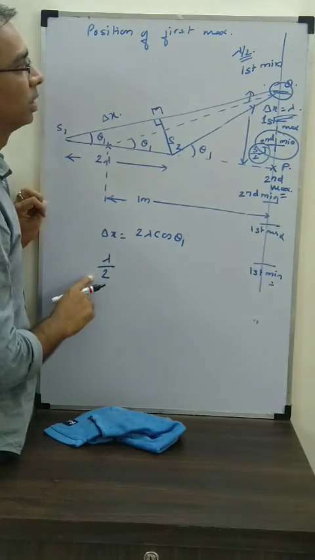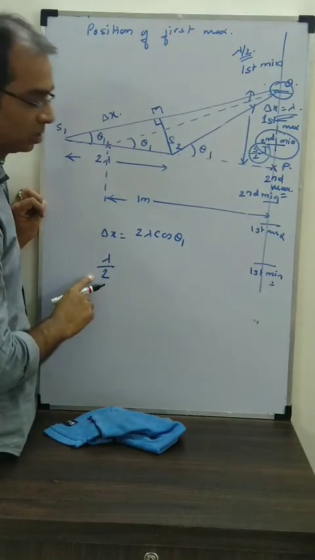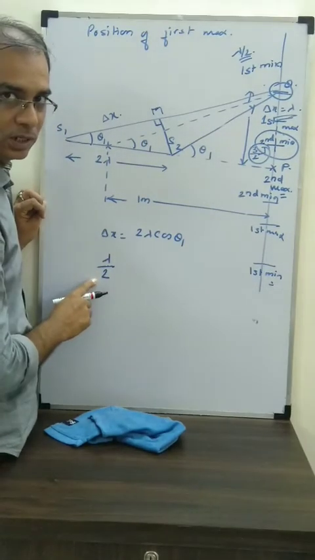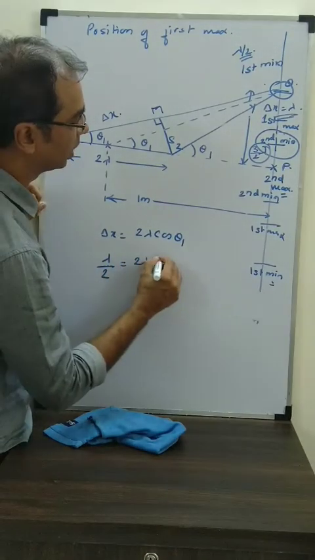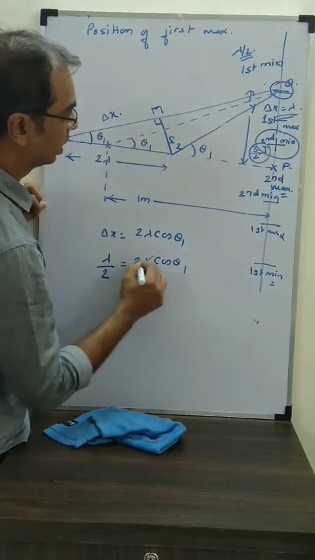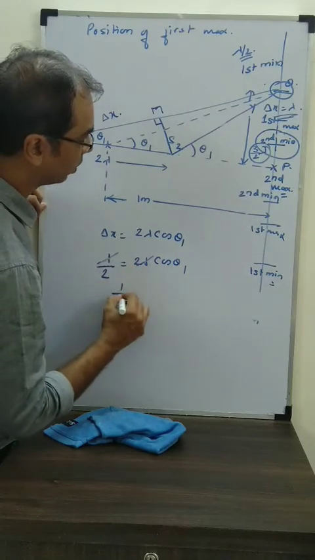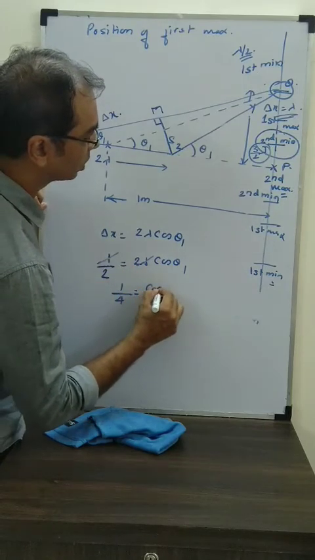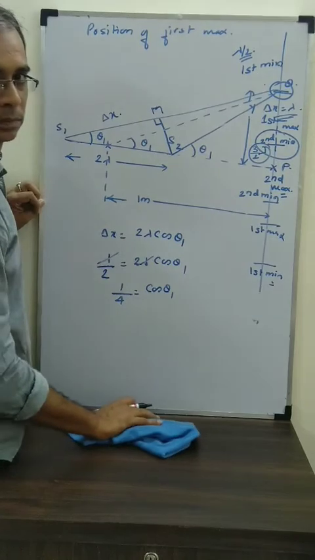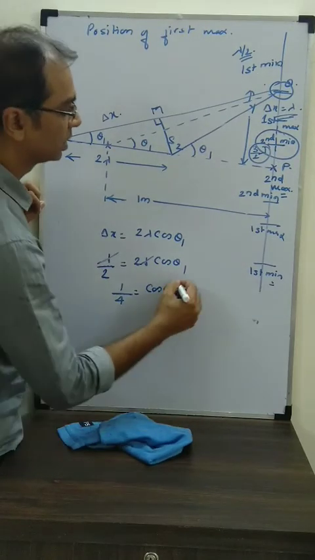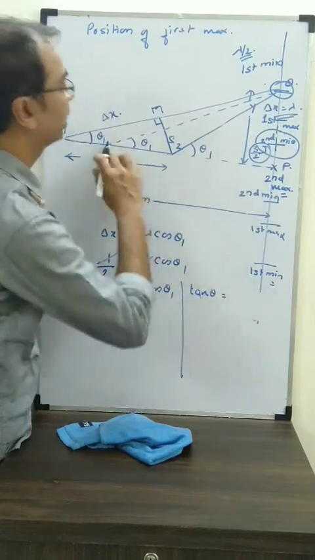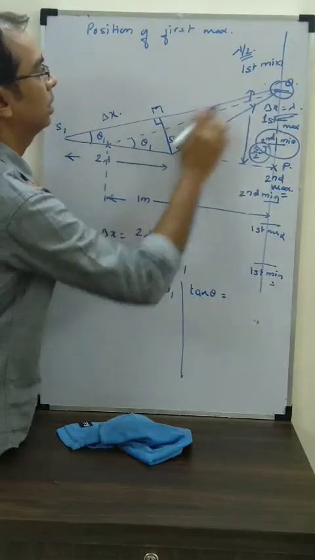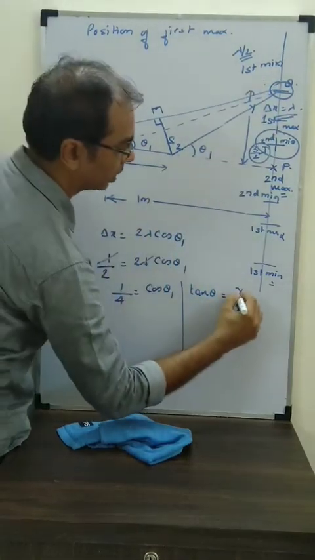So what are we doing here? We are finding first minimum. So for first minimum, what is the path difference? Lambda by 2. Put it over lambda by 2. This is 2 lambda cos theta 1. Lambda gets cancelled. What are we getting now? 1 by 4 equals cos theta 1. Okay. Then the same way, in this triangle also, tan theta will be y by 1.